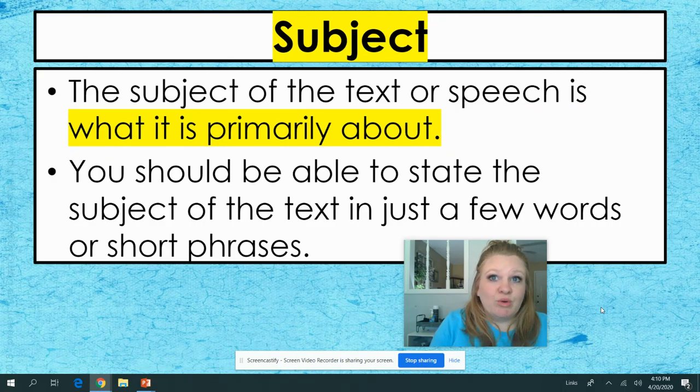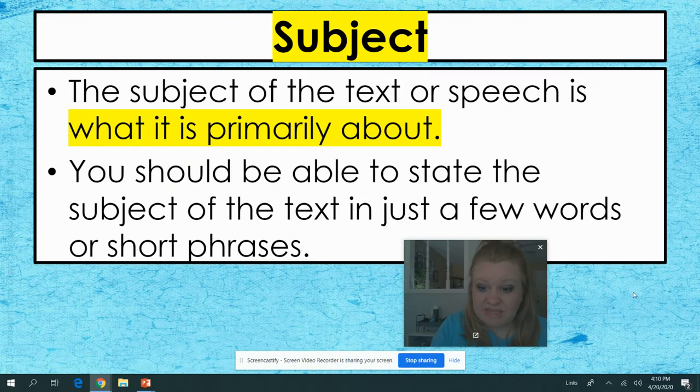So when we read a speech, we might say, this speech was about how people need to stand up for their rights, especially African Americans. If we were to read Martin Luther King's I Have a Dream speech, it is about how white and African Americans need to stand up for African American rights during that time. That was the civil rights movement. So we will work on that this week.